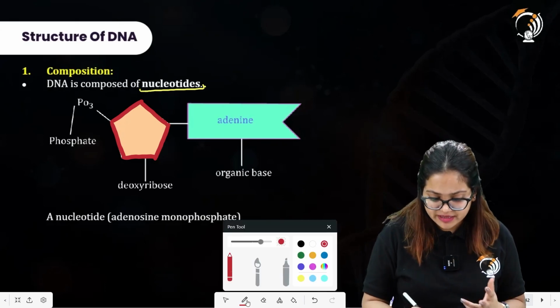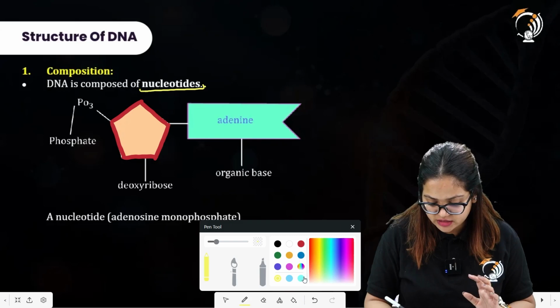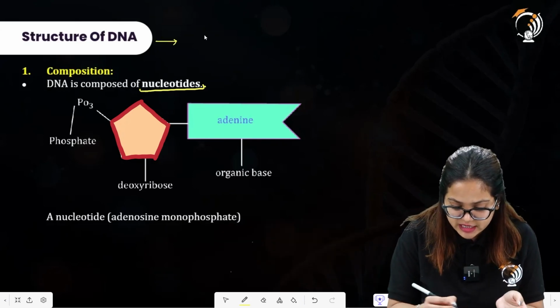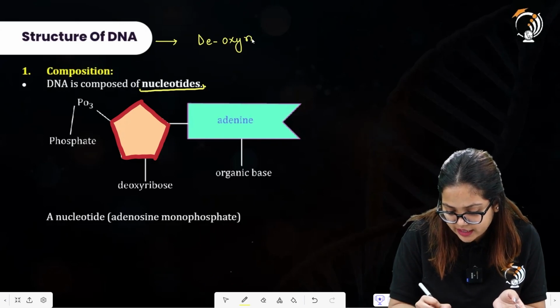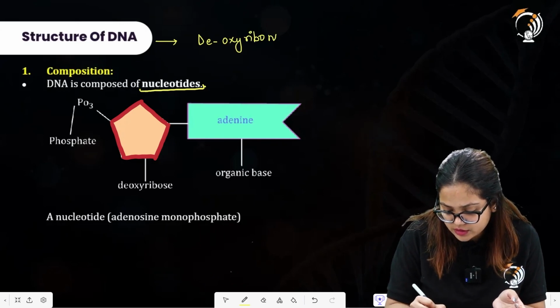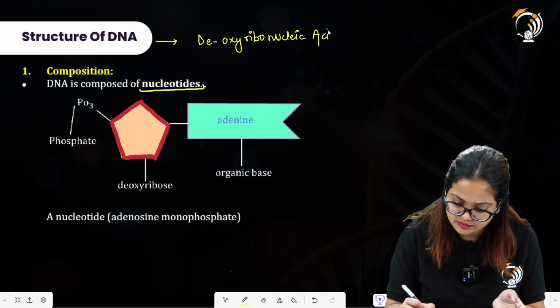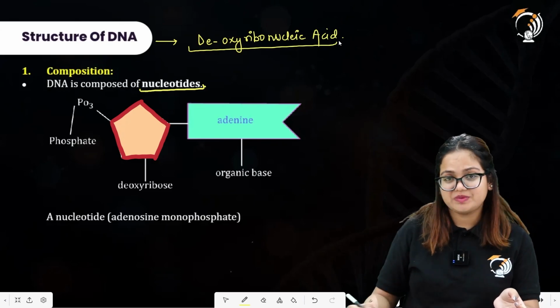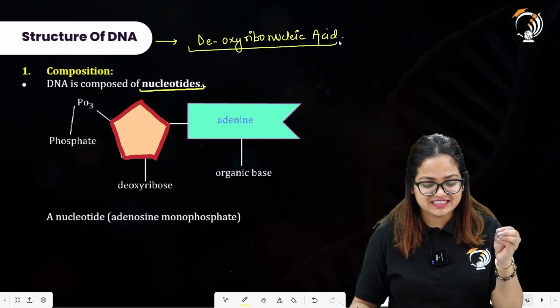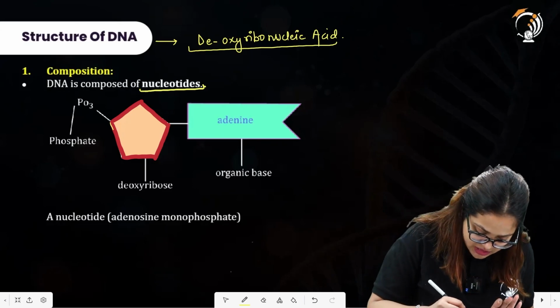And what do we mean by DNA? What is the full form of DNA? I hope you all know the full form of DNA, that is deoxyribonucleic acid. Since we use the term deoxyribo, that means we are using the deoxyribose sugar, where we have the representation in the diagram.